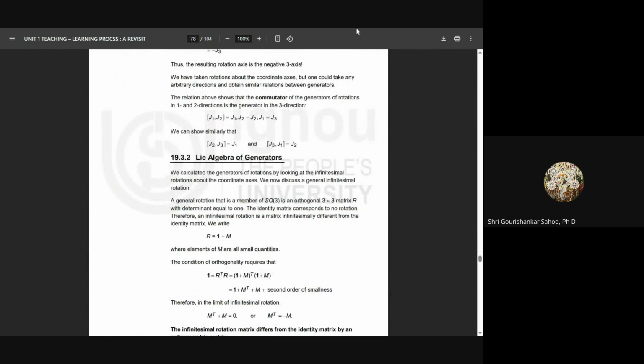Next is your Fourier transform and Laplace transform, which I have told you about earlier. Let us have a discussion on it.